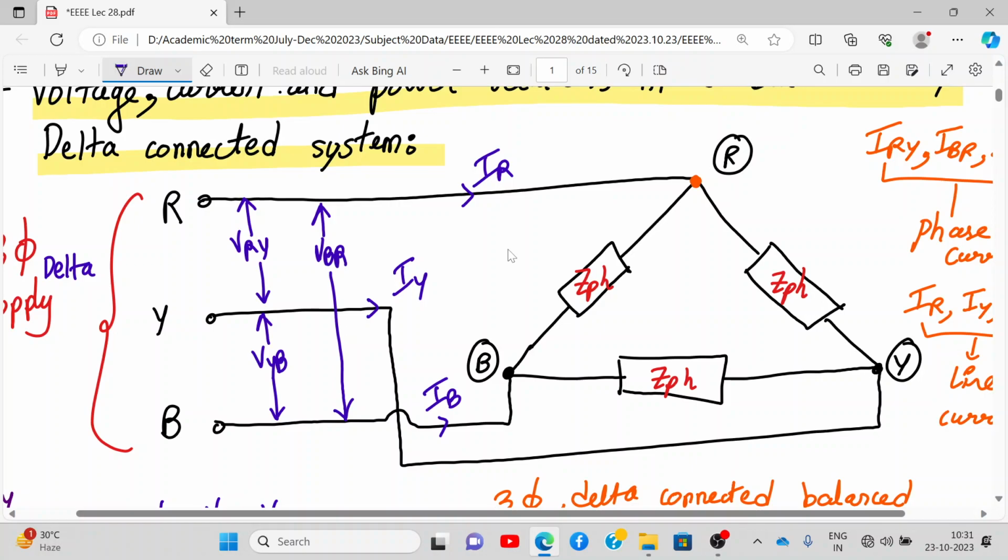My three phase currents are IRY between phase R and Y, then IYB and IBR. So these are my various phase voltages, line currents and phase currents. Please mark them in the diagram. Have you marked them?